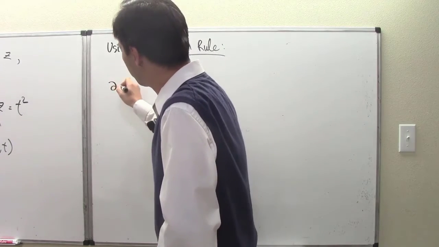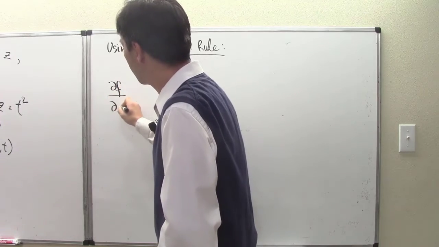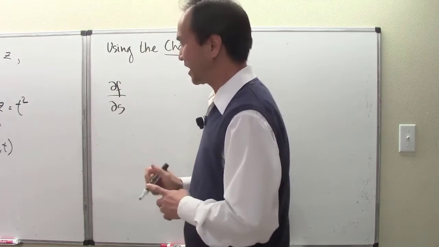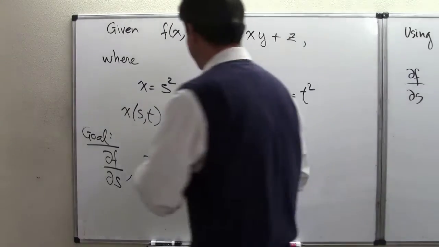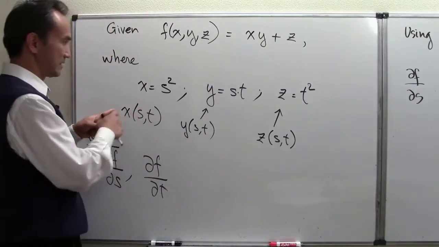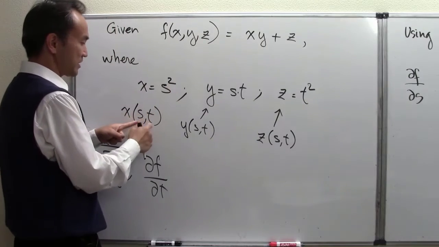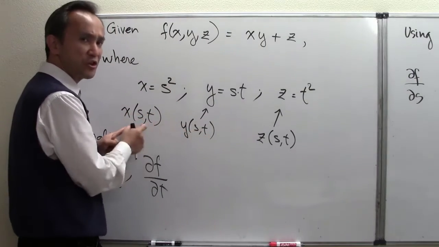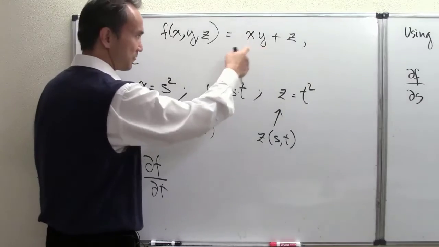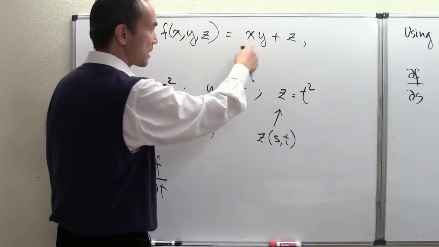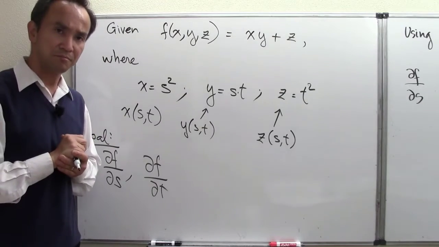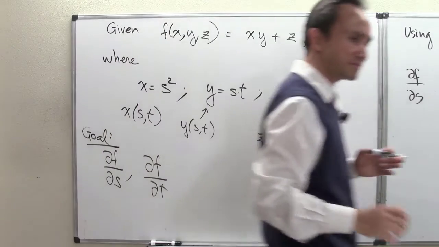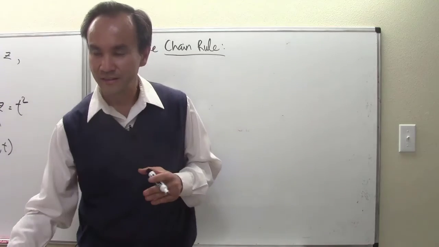So df ds right here. Observe again. In my function, s and t are sort of the internal variables, the sub-level of variables inside each of these x, y, and z. This is my first step.